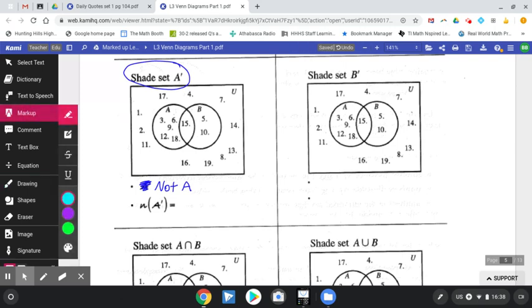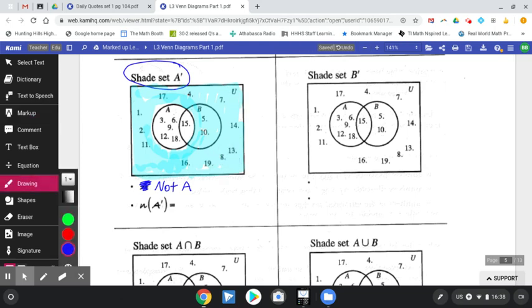I'm shading everything that is not in circle A. And then down below, we're wanting the number of elements. If I count the elements in that shaded region, there are 13 elements.